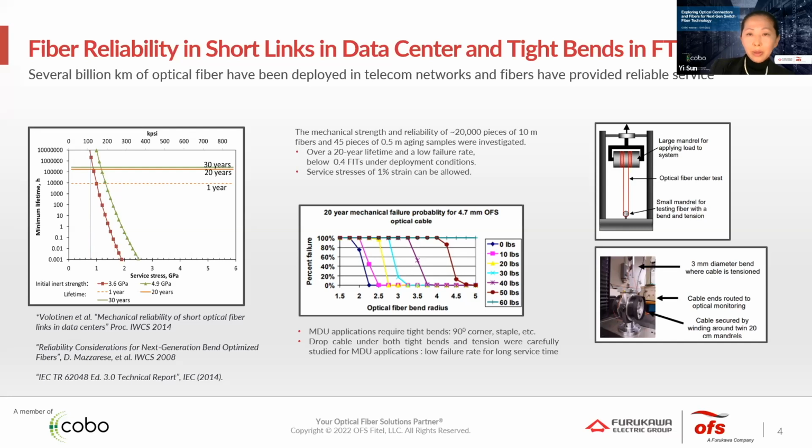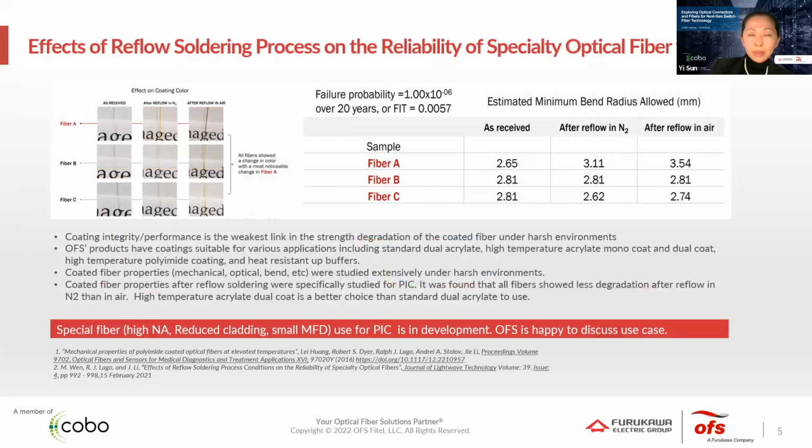So for fiber to the home, we know there are tight bends, like 90 degrees in the corner, and staples that add both bends and tension. So that experience can be adapted to OBO and CPO. And then we mentioned at the beginning, the fiber not only experiences tight bends, but also a harsh environment with elevated temperature.